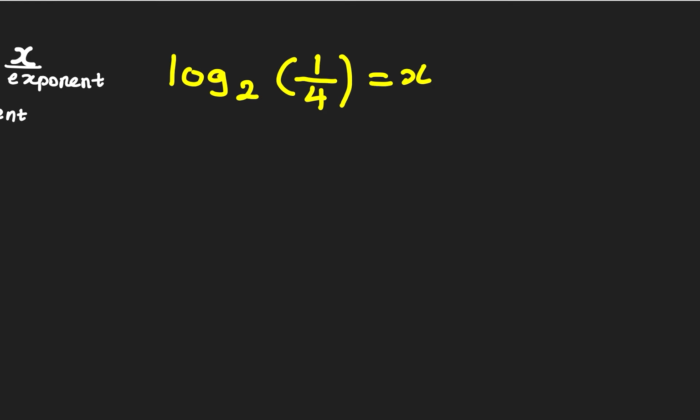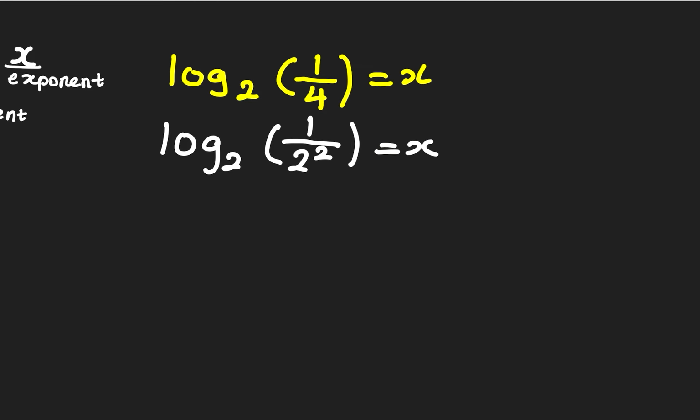So we know that log base 2, 4 could be represented as 2 power 2, so that's 1 over 2 power 2 is equal to x. So let's just keep on simplifying the solutions we have here, and finally we would be able to get an answer. So far we have log base 2 of 1 upon 2 squared is equal to x.